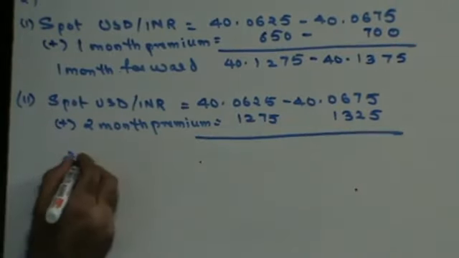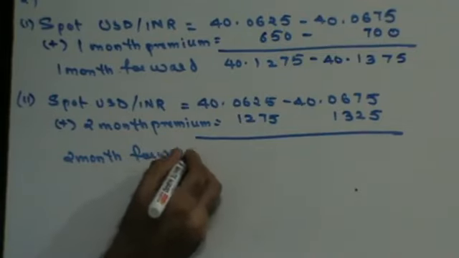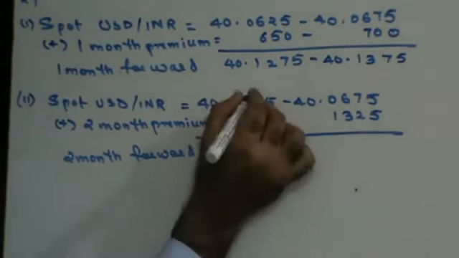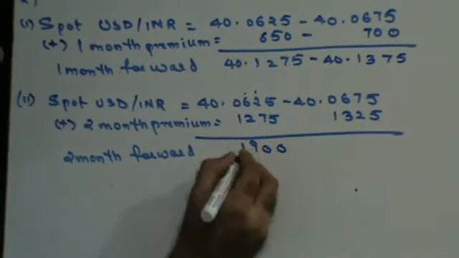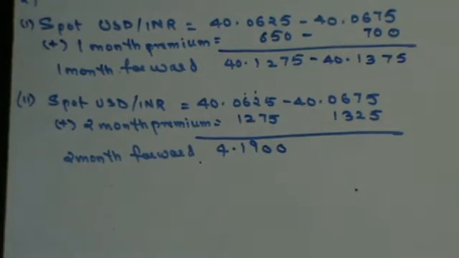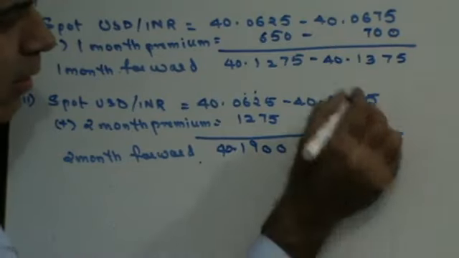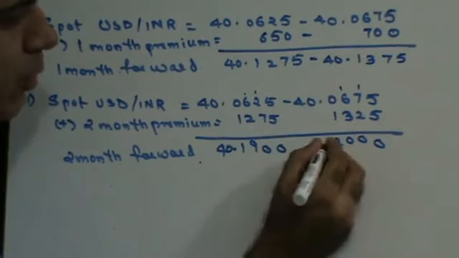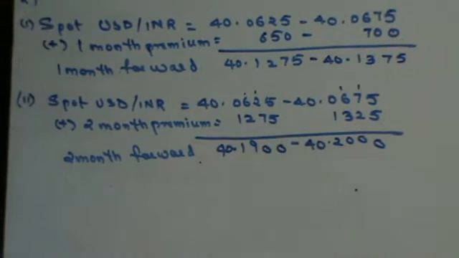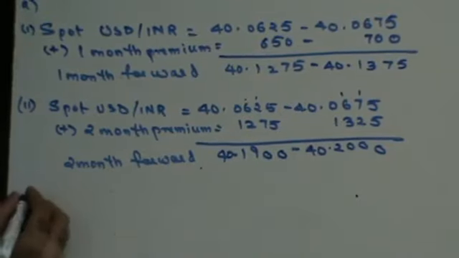So 2 months forward is going to be 40.1900, 40.2000. That's going to be my 2 months forward.